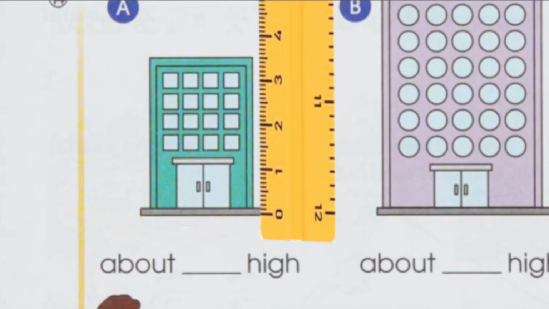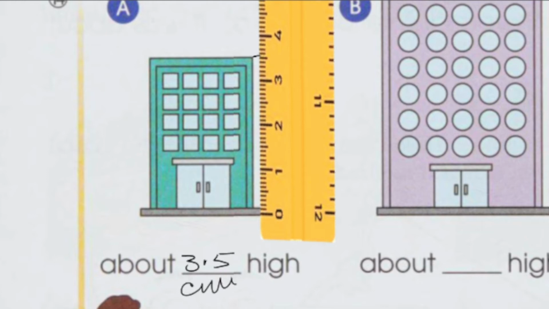Now we have to measure the height of these doors, this one and this one. So this is zero of the scale and this is the end point of the door. So this is 3.5, about 3.5 centimeter.